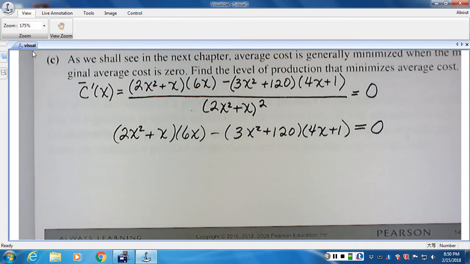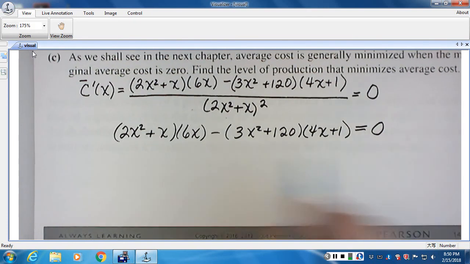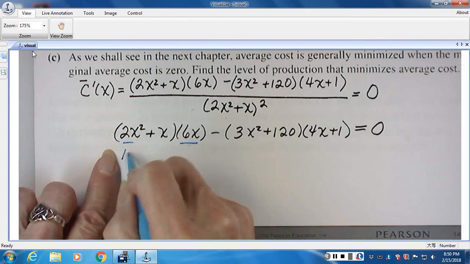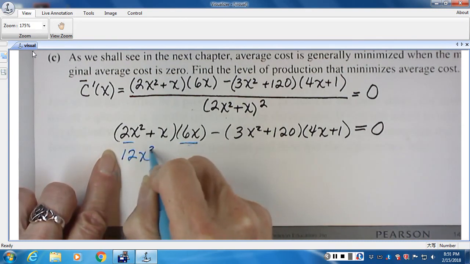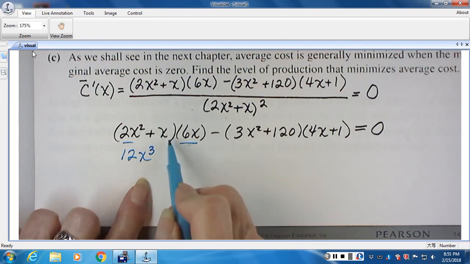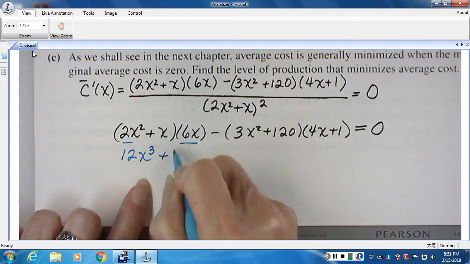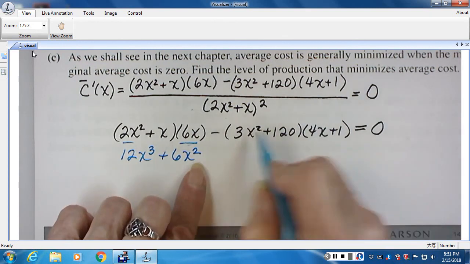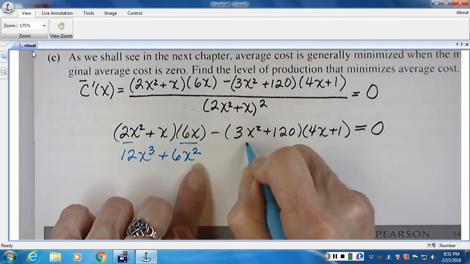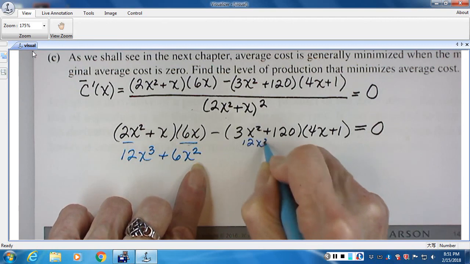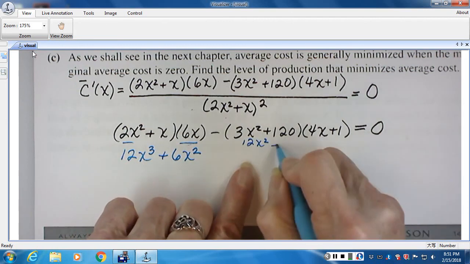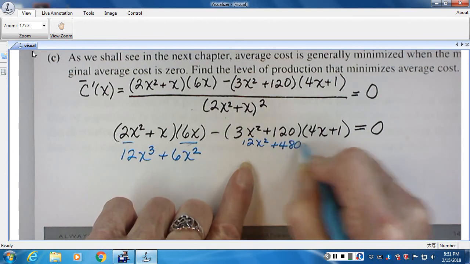So the first thing I'm going to do is go ahead and multiply this all out. 2x squared times 6x, 2 times 6 is 12x to the third power. x times 6x is plus 6x squared. 3x squared times 4x is 12x cubed, and there's a reason I'm not writing it down here.